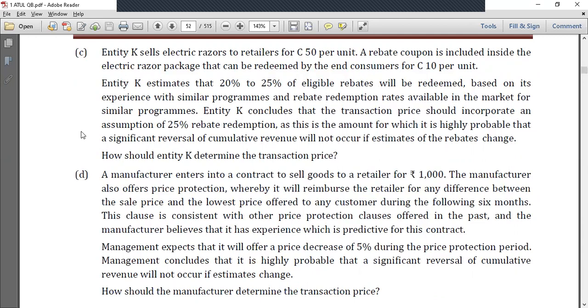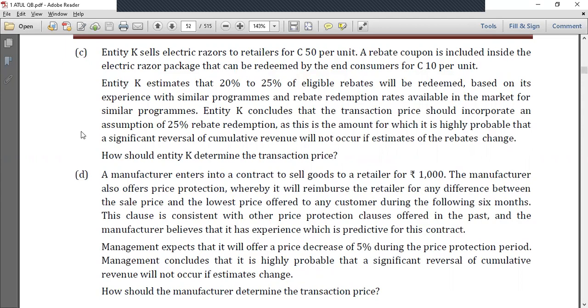Also, here, entity K estimates that 20% to 25% of the eligible rebates will be redeemed, based on the experience with similar programs and rebate redemption rates that are available in the market for similar programs.